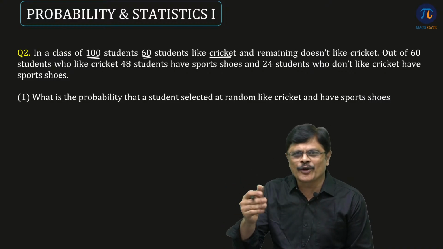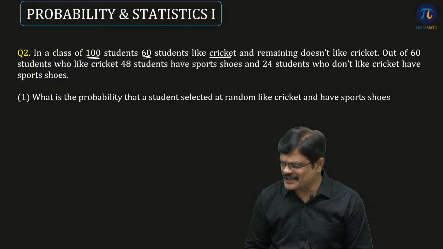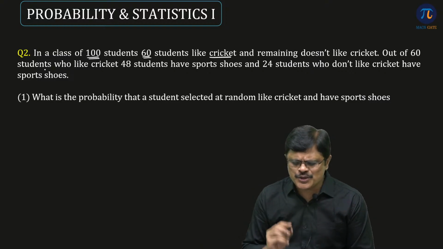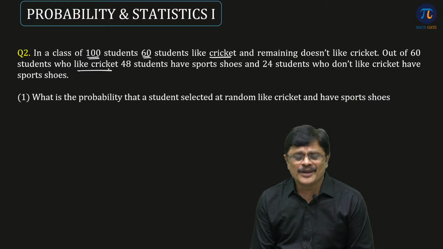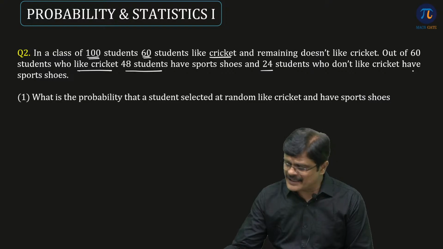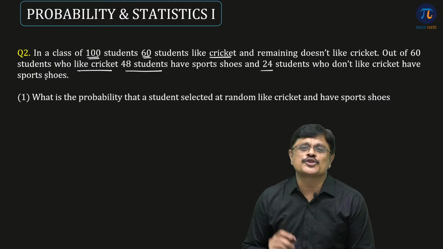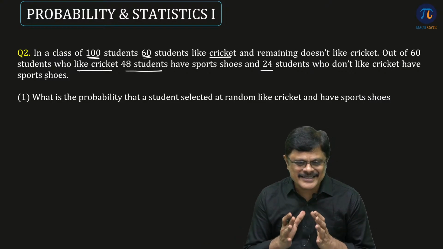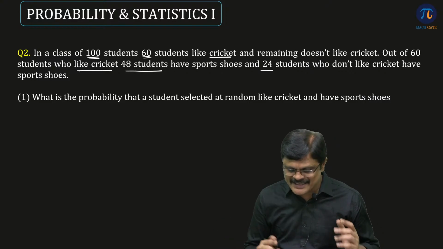Out of 60 students who like cricket, 48 students have sports shoes, and 24 students who don't like cricket have sports shoes. This is the information given, and see the question.